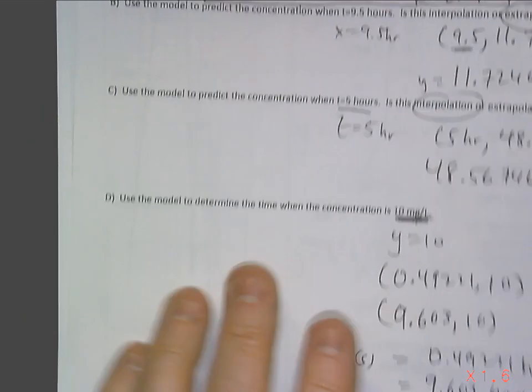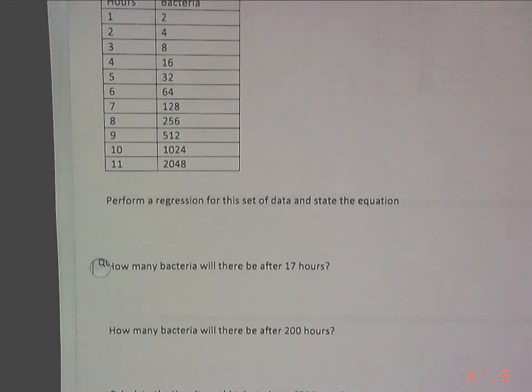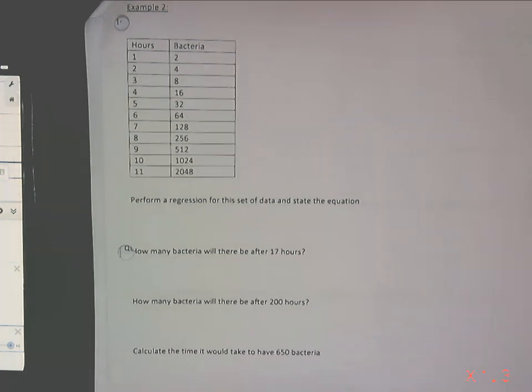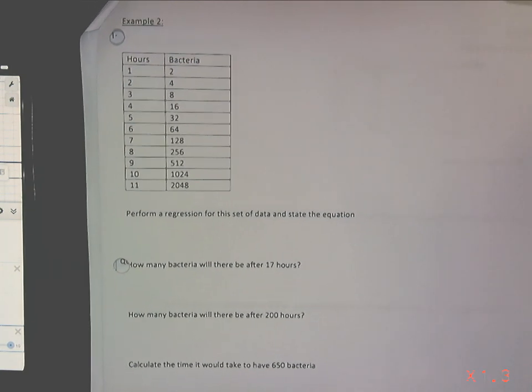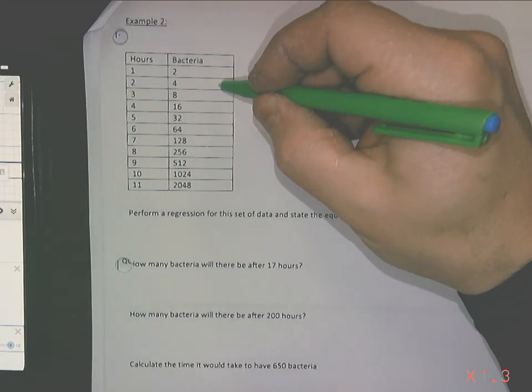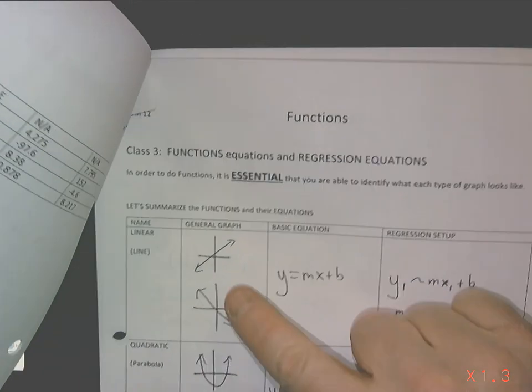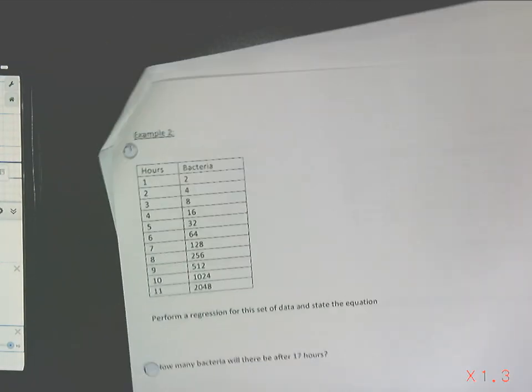Good. Next guy. Now, what I'm going to do here is, all of this is the same stuff. The main piece here is basically, are you able to type in this data, look at what it is, a line, parabola, cubic, and so on.